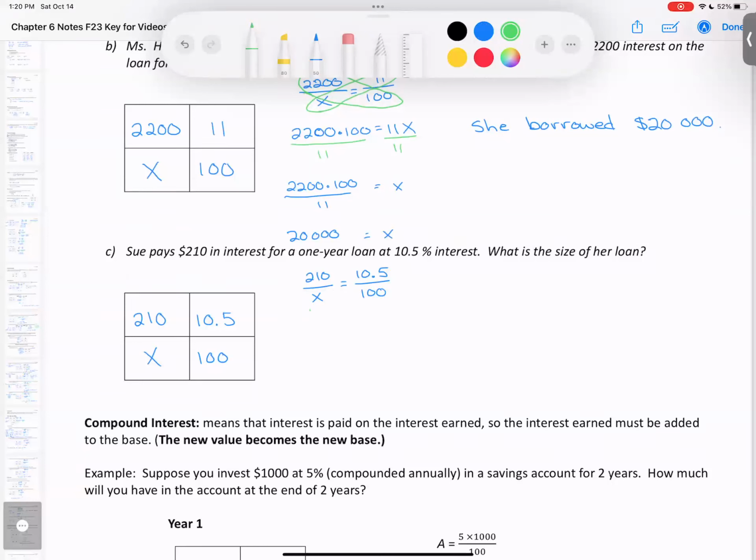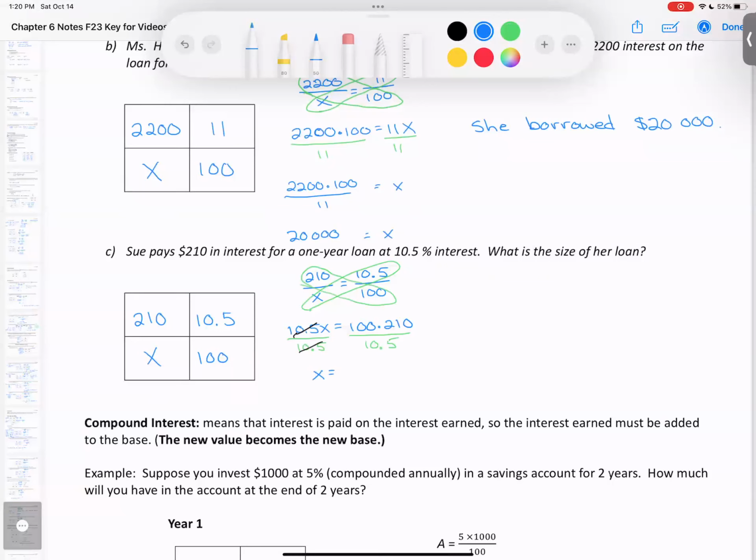So let's set up our equivalent fractions. And then once again, I'm going to do the cross product method here. So I'm going to multiply those together and I'll get 10.5x equals 100 times 210. And then we want to isolate our x, so we're going to divide both sides by 10.5. Because we know if we divide by the coefficient of that x, the 10.5s are going to cancel.